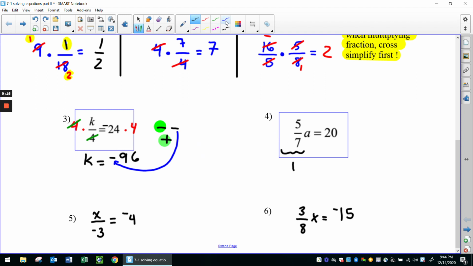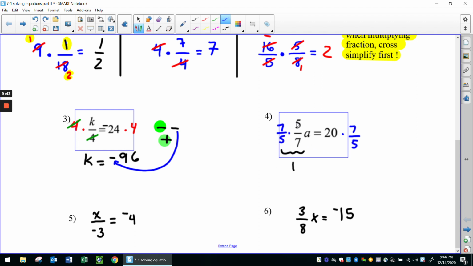So if I go ahead and multiply 7 over 5, that's the reciprocal of 5 over 7, right? 7 over 5 becomes 1 because these cross simplify. Well, whatever I do on one side, I have to do the other. So I'm going to multiply 7 over 5 to the other side as well. Now be careful with this because I'm writing it in a different color, but you might not have that.